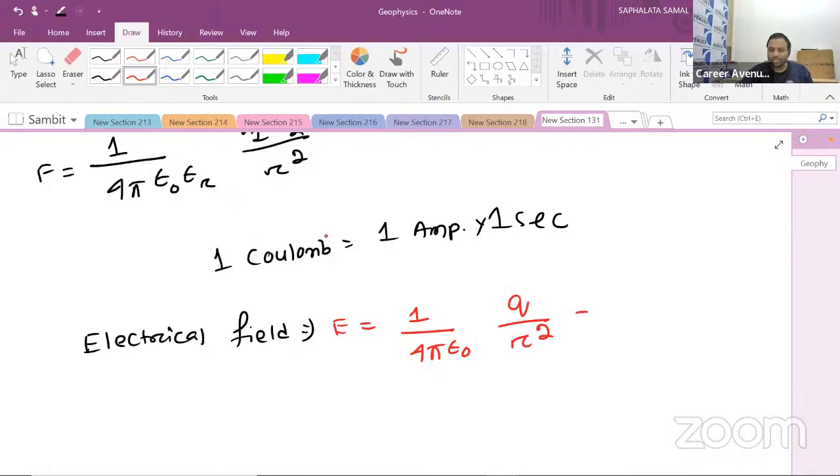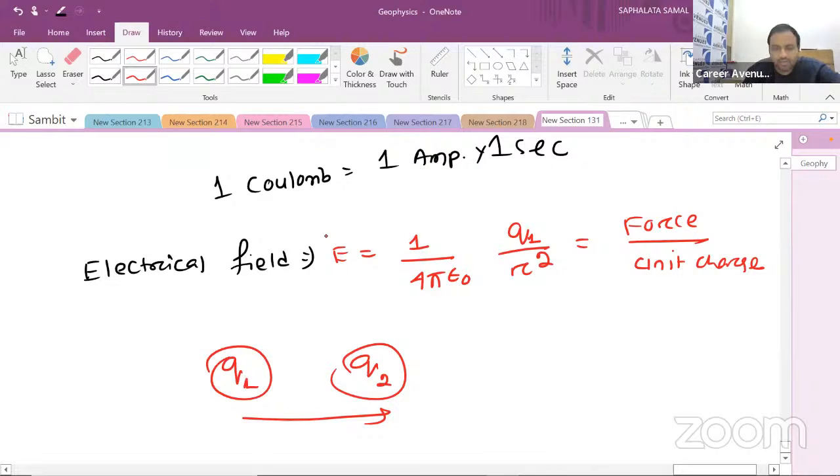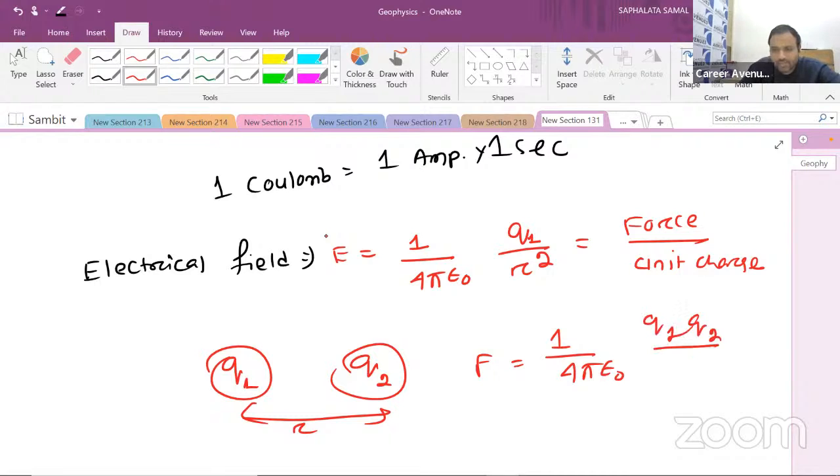This is force per unit charge, or I can write Q1 by R square. For example, we have Q1 charge and Q2 charge, R distance apart. The force was equal to 1 by 4 pi epsilon naught into Q1 Q2 by R square. If I make Q2 1, it will be Q1 by R square. That will be my electric field, that means force experienced by unit charge.